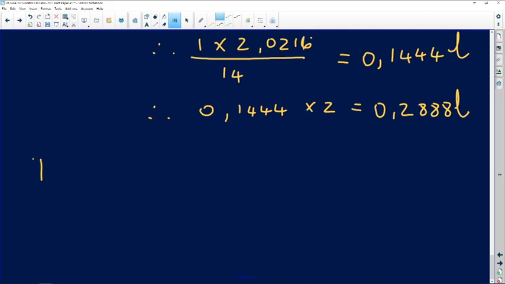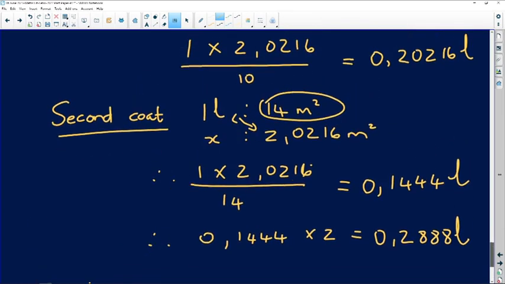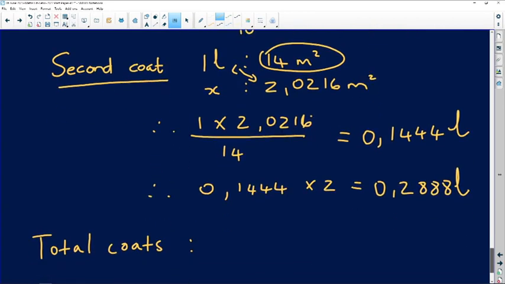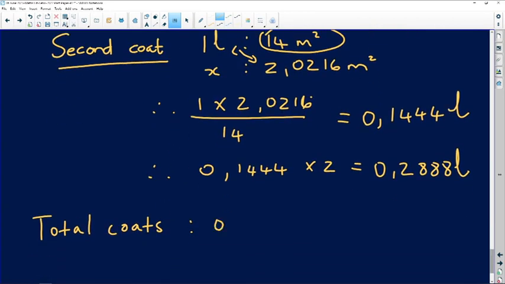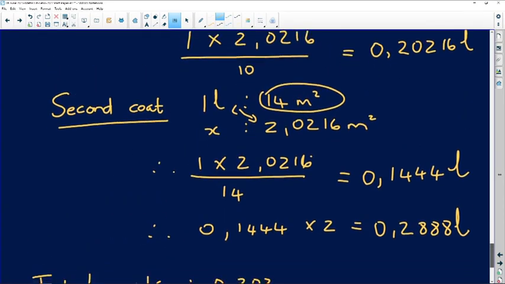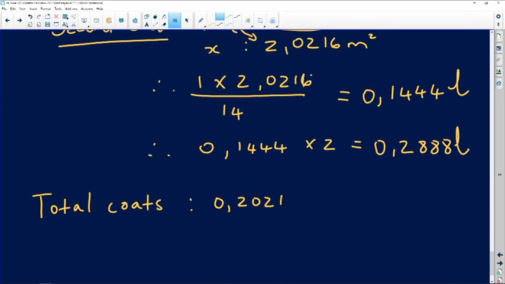So the total is going to be 0,20216 liters plus 0,2888 liters.